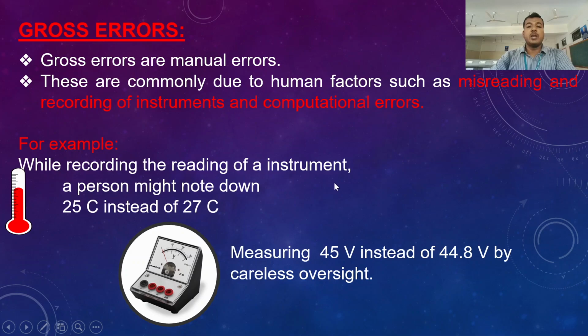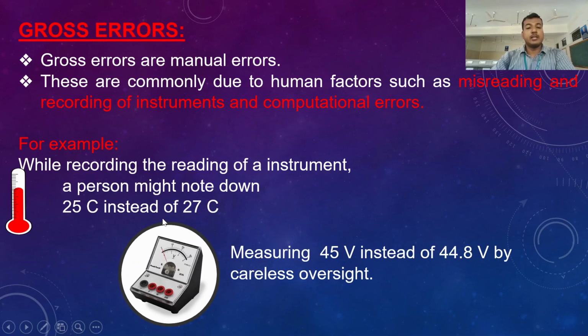For example, when we have a fever, we measure the temperature of our body. Normally 98.6 is a normal temperature, but during fever it may rise up to 102. We just see the needle. Nowadays digital thermometers are available, but they still do not give exact values. There will be a plus or minus tolerance level.